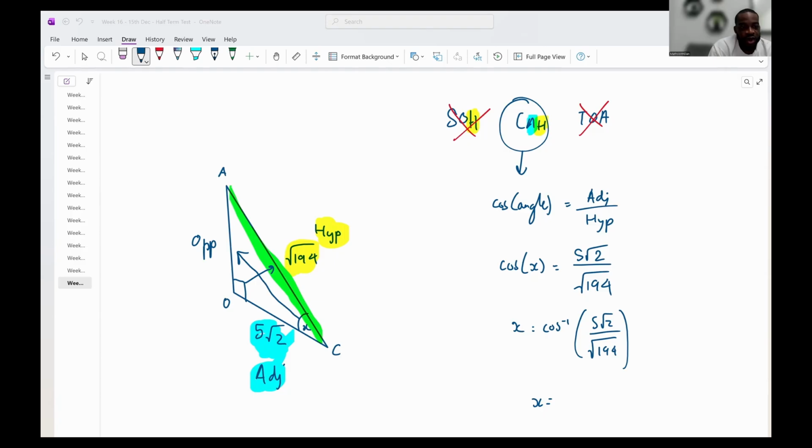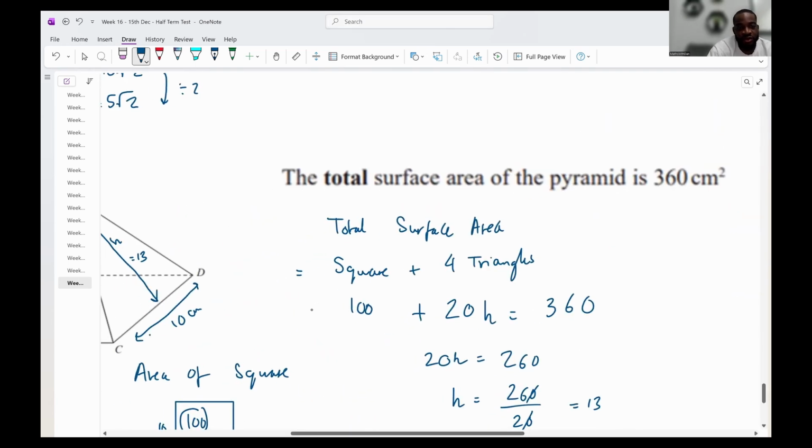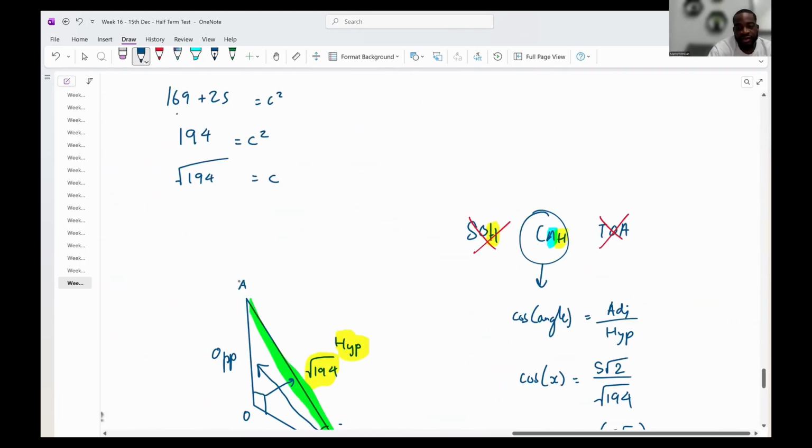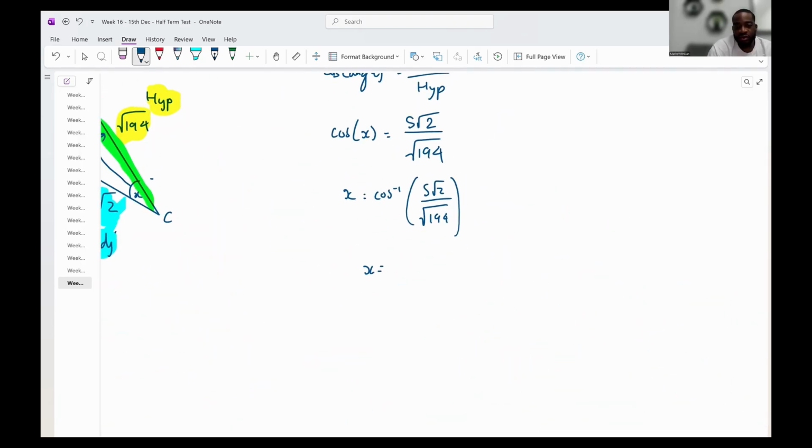Because this is so long, I don't even need to add that second bracket. Click equals. We get that there. What degree of accuracy do they want it to? Three significant figures. So the final answer is 59.5 degrees, and I'll write to 3SF. And that is our final answer.